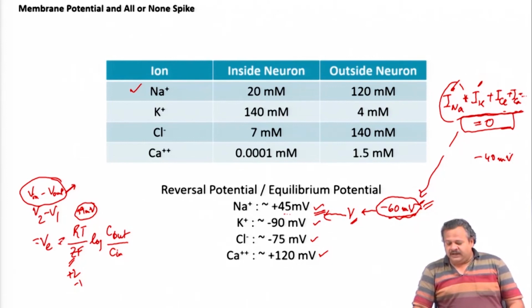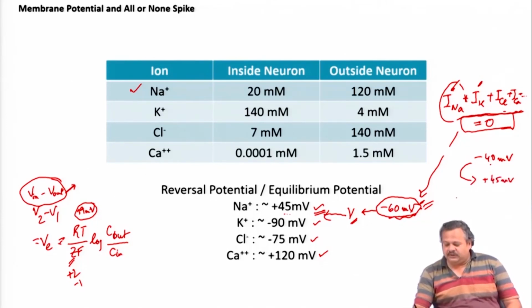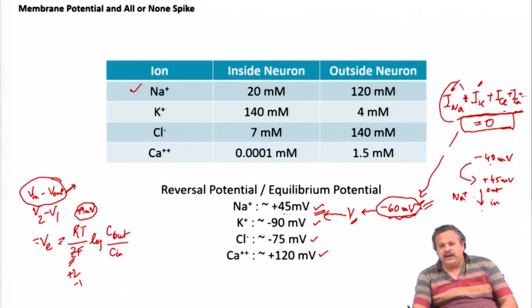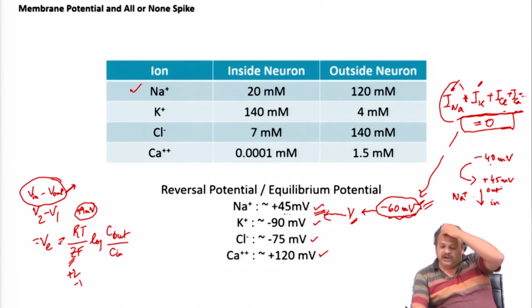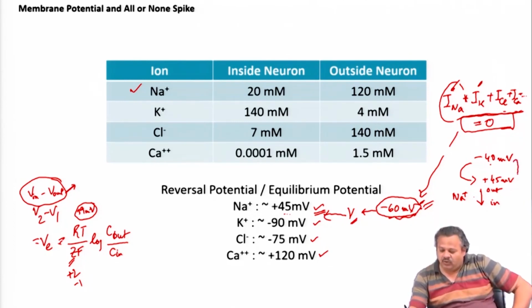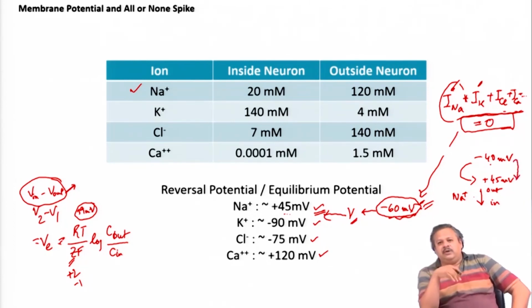That means the direction in which the sodium ions will flow is such that the minus 40 millivolts is made to go towards plus 45 millivolts, and the sodium being positively charged, it means that sodium will go into the neuron from outside to inside, that is, positive charge will go in, and that will cause the potential to go higher towards the equilibrium potential of sodium.